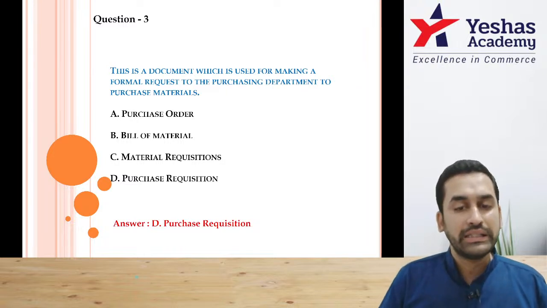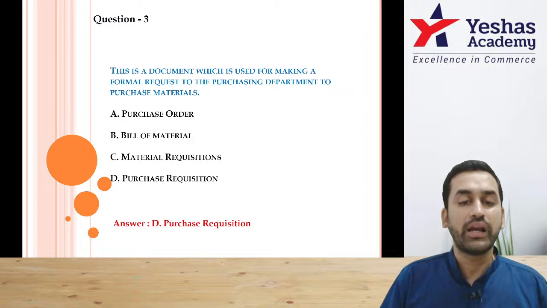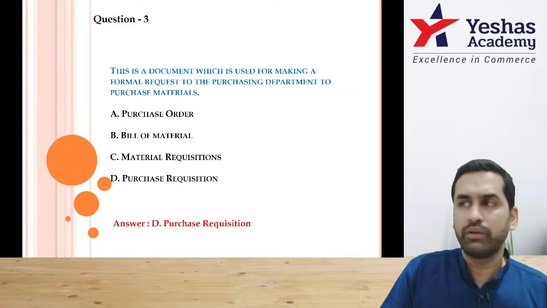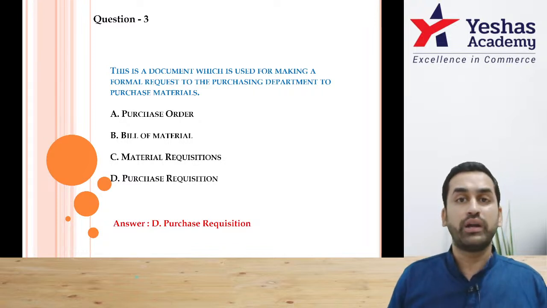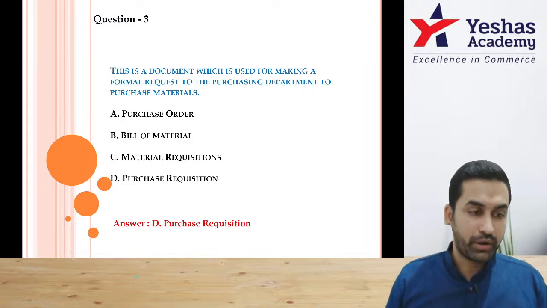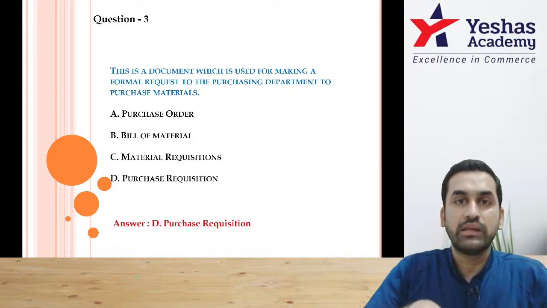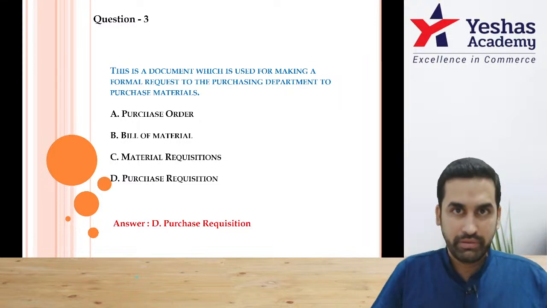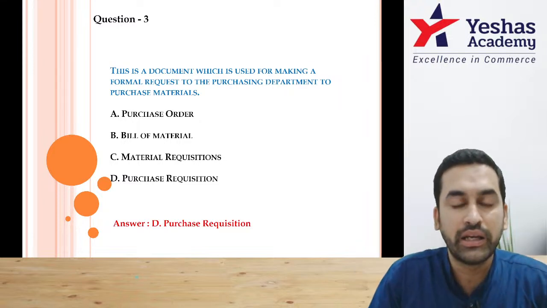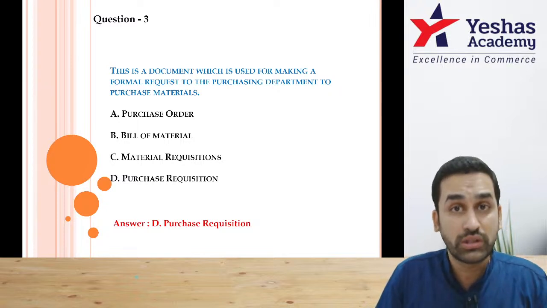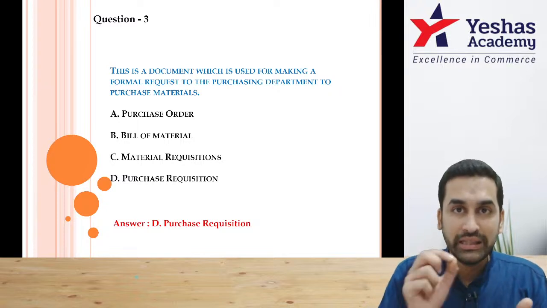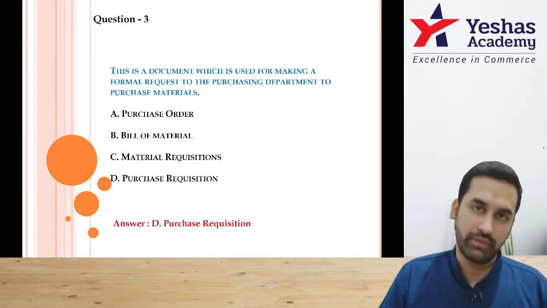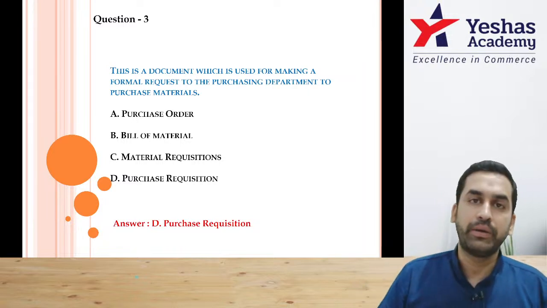Read properly. This is a document which is used for making a formal request to the purchasing department. Who will write a letter or request to purchasing department? Not production department. Between production and purchase, there is somebody sitting in between. Warehouse, stores. Those stores employees will raise a formal request saying, dear purchase department, I need this material by tomorrow.